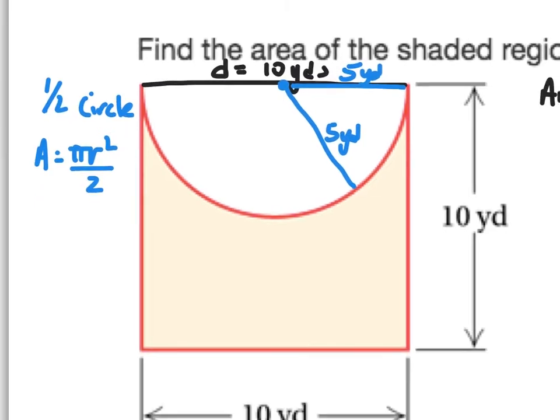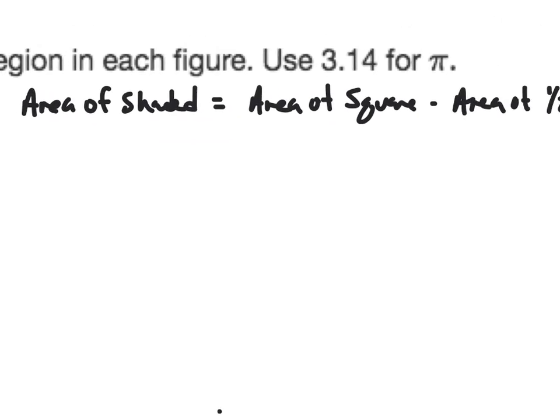So let's do this. The area of the shaded region, let's call this A, is going to equal 10 times 10, minus pi times 5 squared over 2. And that's it, because we're finding the area of half a circle.